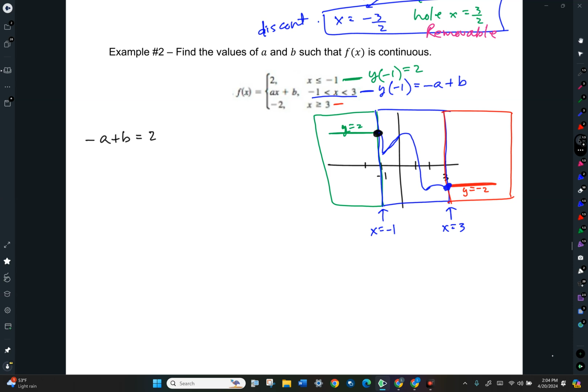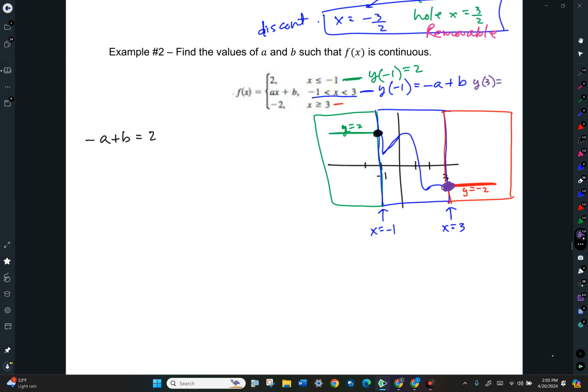Unfortunately, that doesn't tell me what a and b is. I still have lots of possibilities, right? Because there's two unknowns and only one equation. Well, what's going to force these two pieces, the blue and the red, to come together? If the y value at 3 is the same. What's the y value of the middle piece at 3?